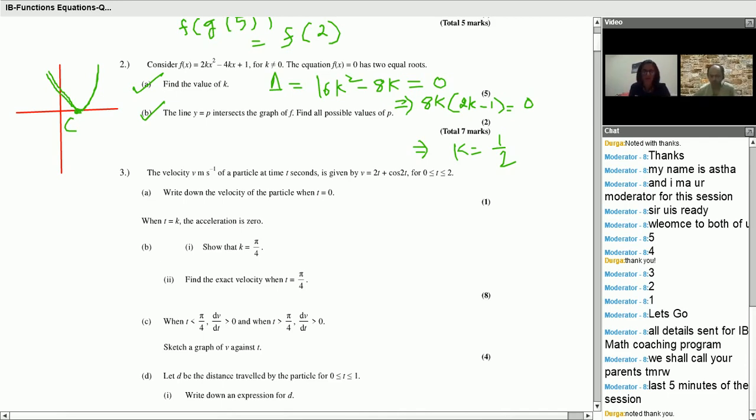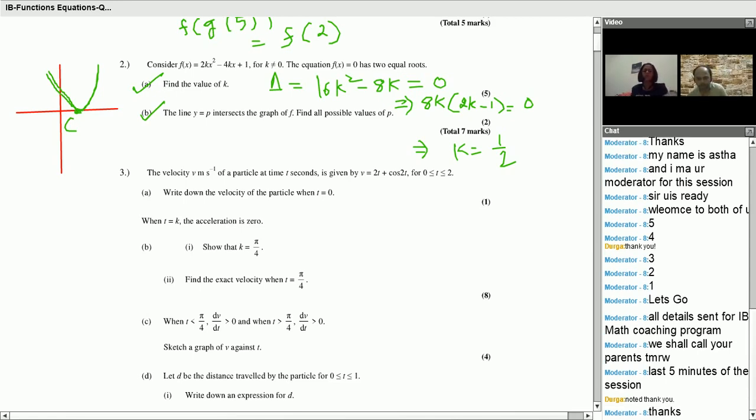That's the x value, and then for the y value, just put it into the equation, so you get 2 times 1 squared, which is 2 minus, oh wait, no, never mind. It's 1 squared, which is 1, minus 2 plus 1. That is 0, because there is only one equal root. So (1, 0) is the coordinate of the turning point, because it's on the x-axis.